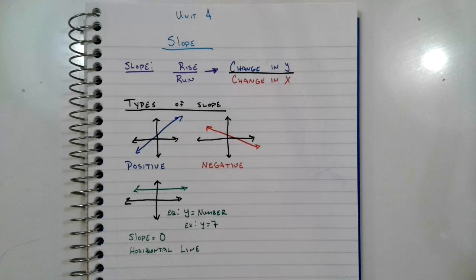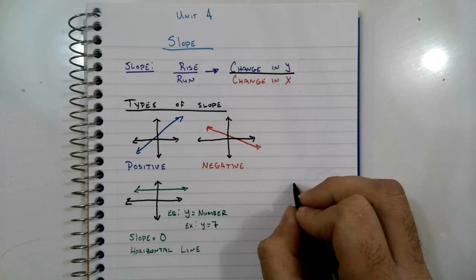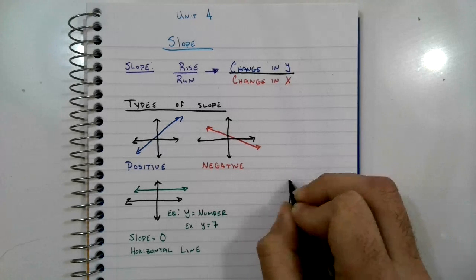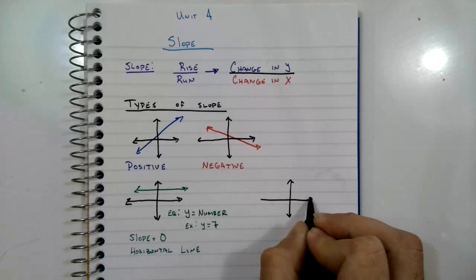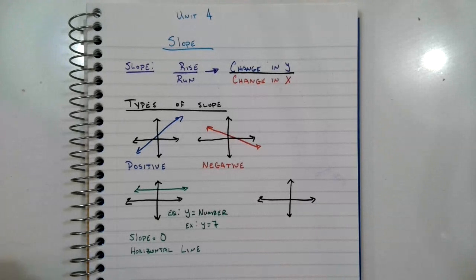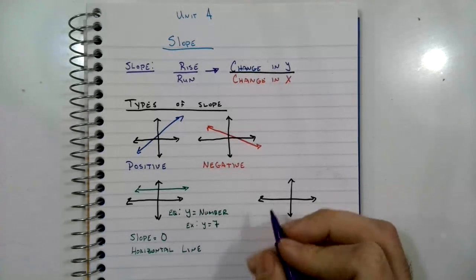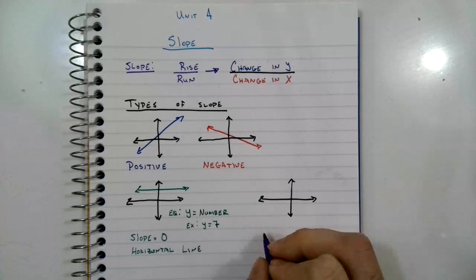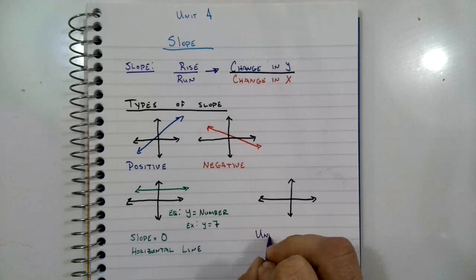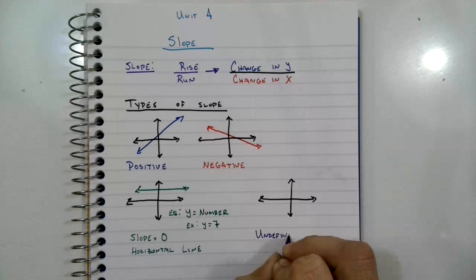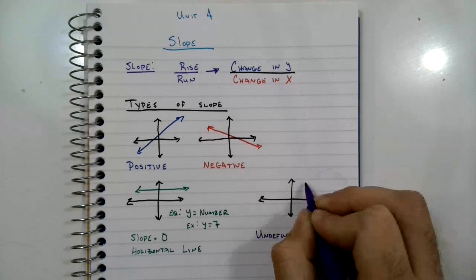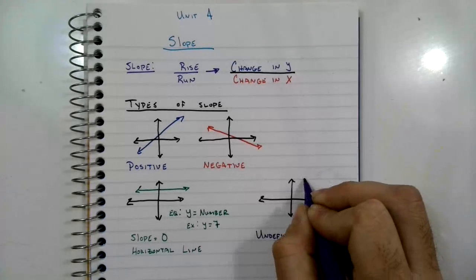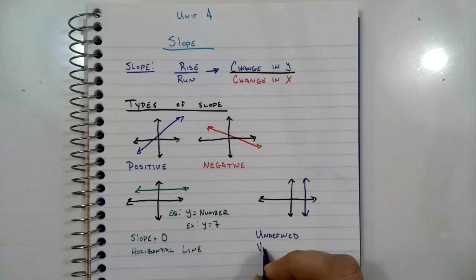And our last one is going to be undefined slope. Undefined is a vertical line. This is going to be any vertical line.